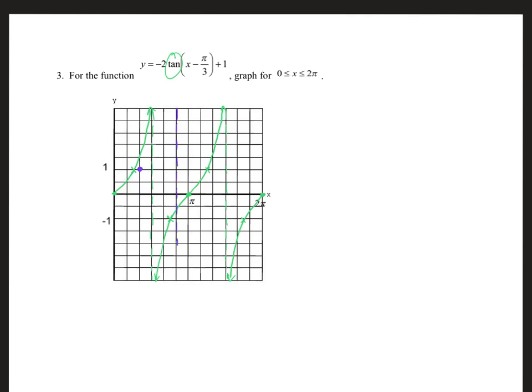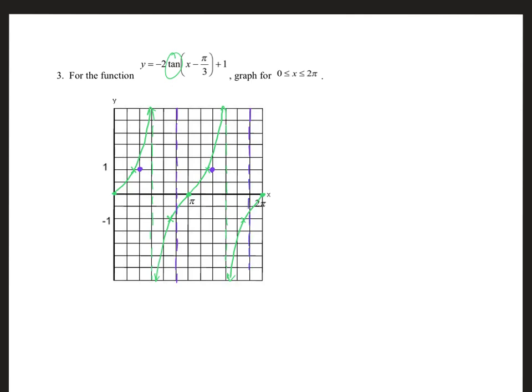So there is the location of my new asymptote. I can take my next 0, do the same thing. The reflection, the stretch, no effect. Shift it to the right pi by 3, up 1.